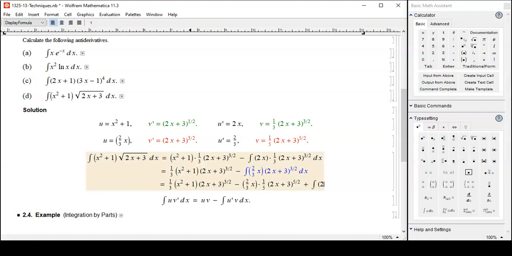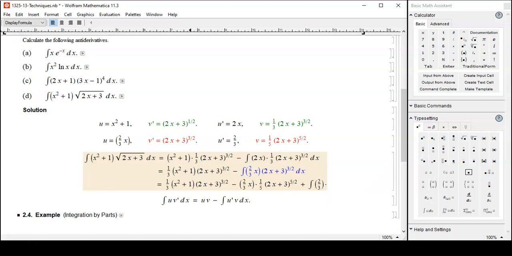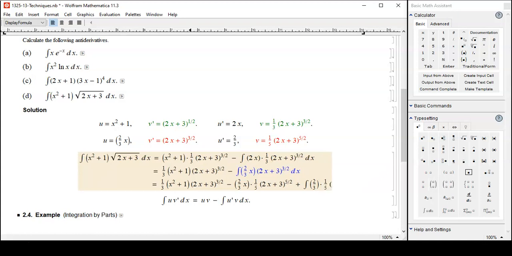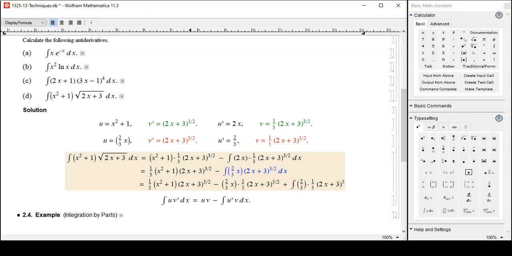And what is u prime? 2/3, and then v, 1/5 (2x plus 3) to the 5/2 power.